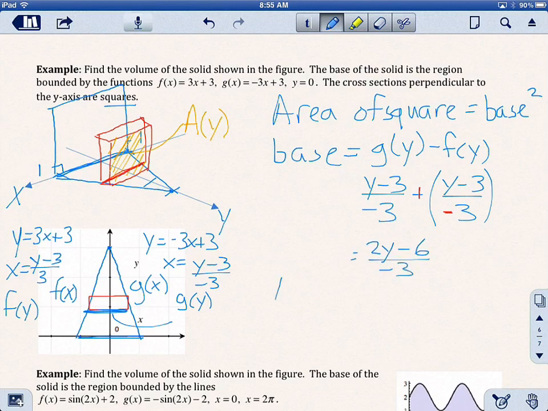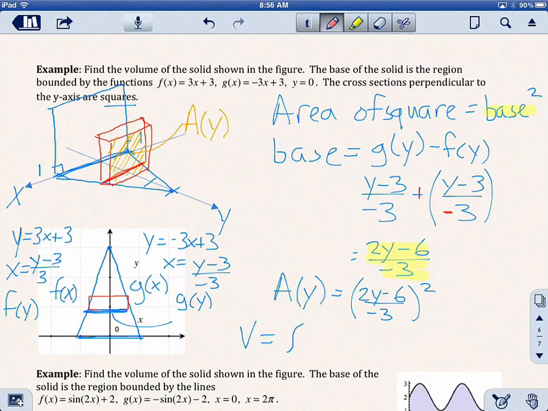Okay, so if we want to find the area of our known cross-section with respect to y, all we have to do is substitute base in for base squared. So we get 2y minus 6 over negative 3 squared. And then finding the volume, we want to take the definite integral. Well, from where? Well, now we need y values. So where are y values going from?